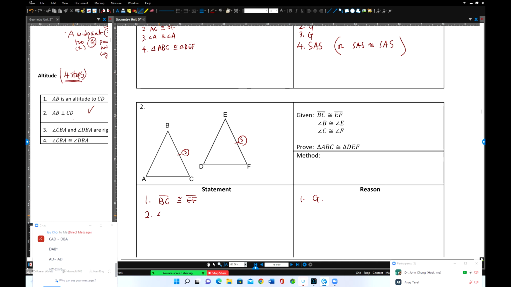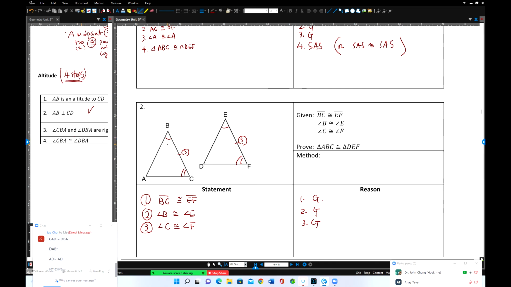Second one is what? Angle B congruent angle E. This angle B and angle E, they're already done. We got one angle. We have 2 now. Oh, they got 3. Angle C congruent angle F. We already got everything.